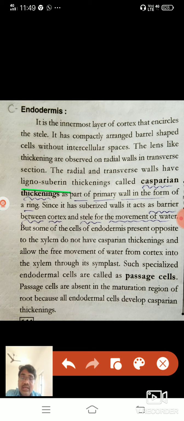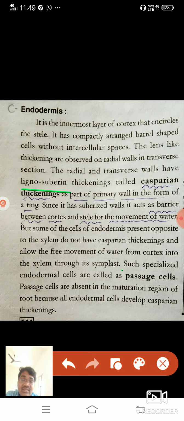So the Casparian thickenings are made up of lignosuberin. They cannot allow the water. How then is the water transported from the root hairs to the cortex, cortex to endodermis, endodermis to the stellar region? In some portions of the endodermis, the passage cells are there.